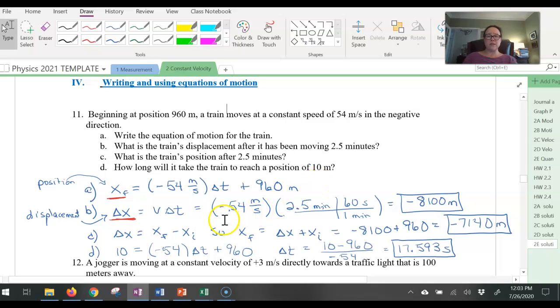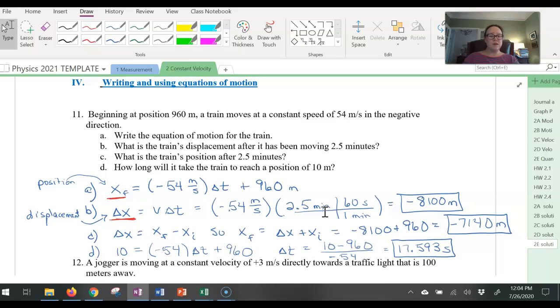Well, I know the velocity. I just used it to write my physics equation. It's negative 54 meters per second, and they gave me the time of 2.5 minutes. Now, before I can multiply these two things together, I have a small issue of mixed units, because my velocity is in meters per second, and they gave me the time in minutes.